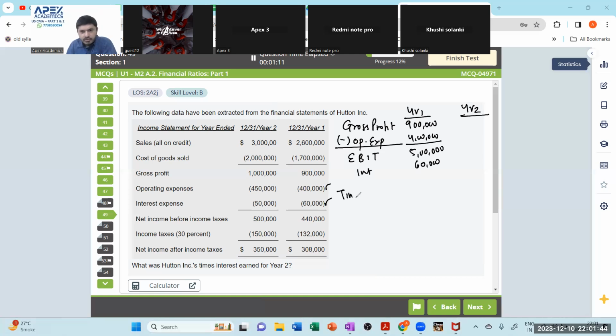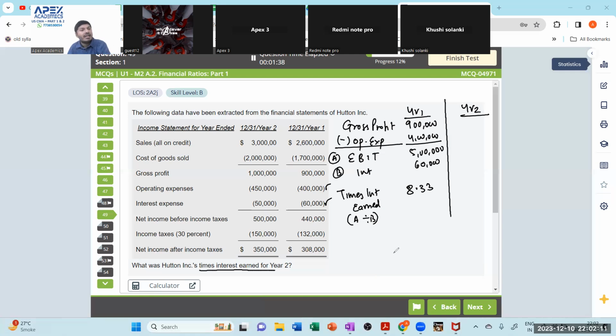What is the times interest earned ratio? They are asking for year 2, that's okay. So what is your answer? It is A divided by B. 5 lakhs divided by 60,000. What is your answer? 8.33.